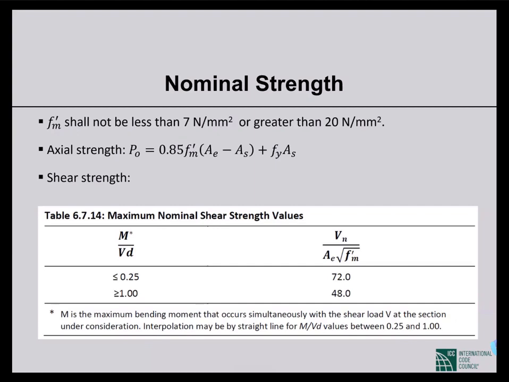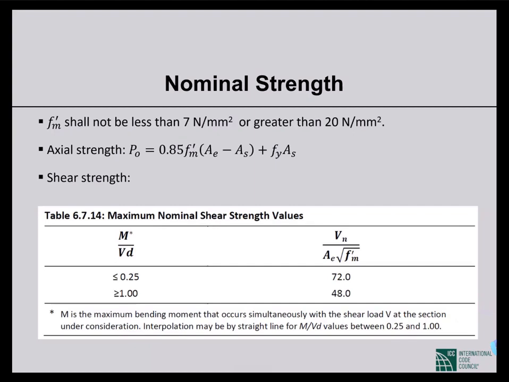Similar formula. So that is for axial strength. Shear capacity will depend again upon M by VD ratio.